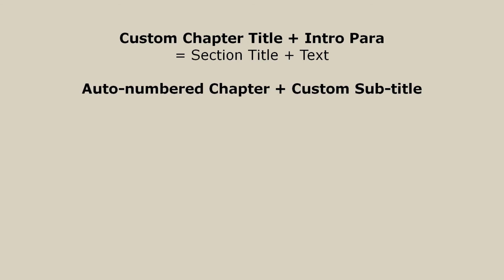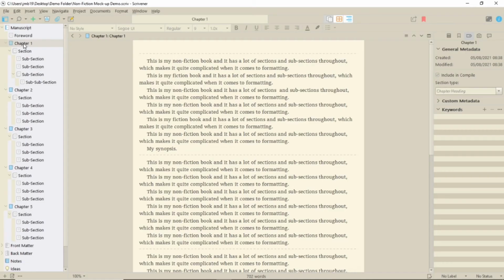If you want your chapters automatically numbered, with a custom title beneath them but no text, you'll need a chapter, section title, section layout format. Once you've done that for all the levels of your manuscript, sort out your section types. You should have a different one for each kind of section layout you've defined.